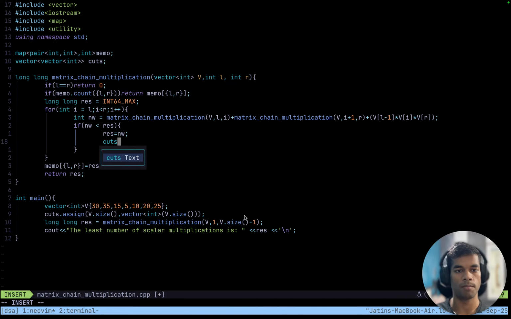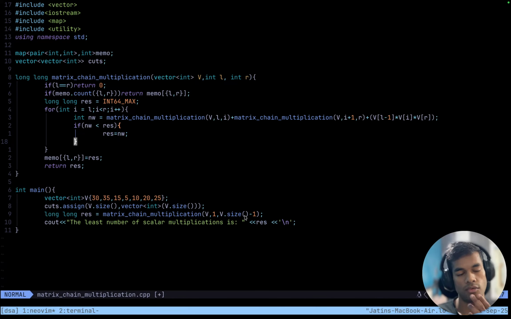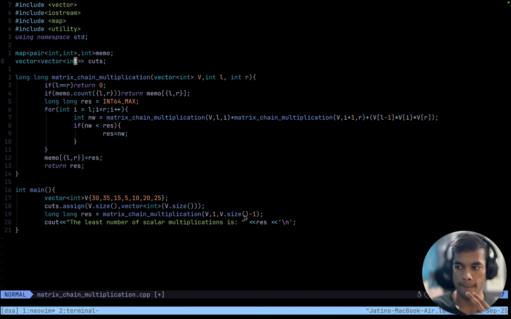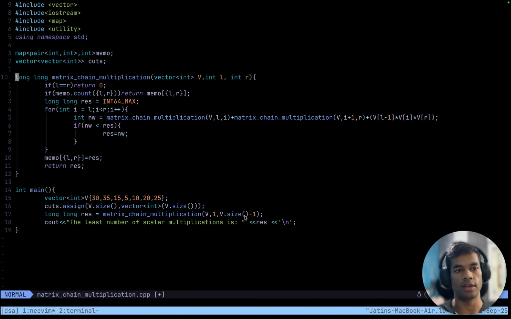So that is cool. I think we can avoid using this two-dimensionally. We can update cuts. Okay, I am stupid. We can avoid making this two-dimensional.